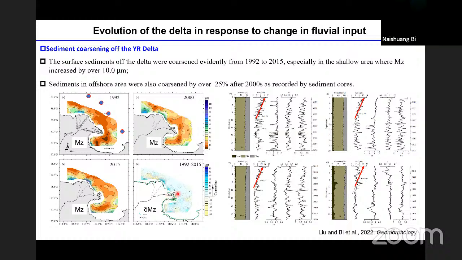by over 10 microns. Not only the surface grain size, we also collected 4 push cores of the Yellow River Delta, and they also show that the sediment has coarsened. You see that this is the median grain size, which increased by over 25% after 2000, as recorded by this sediment core.